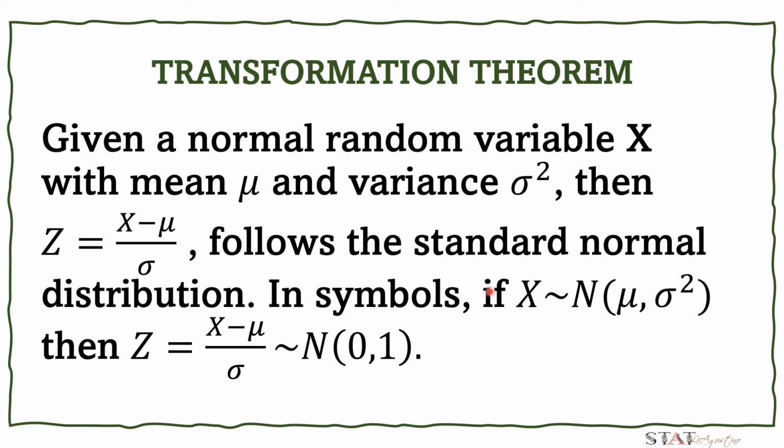In symbols, if x is normally distributed with mean mu, which signifies the population mean in statistical books, and a variance of sigma squared, then z is equal to x minus mu over the standard deviation and approximately follows the standard normal distribution with mean 0 and a variance of 1.